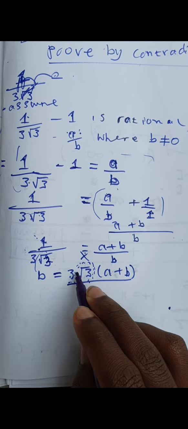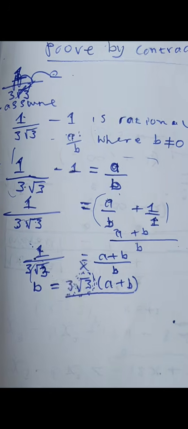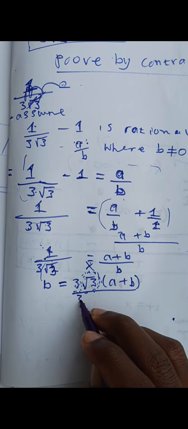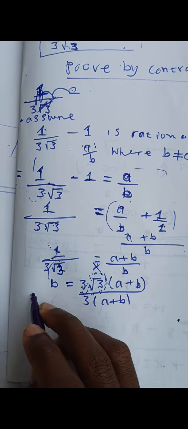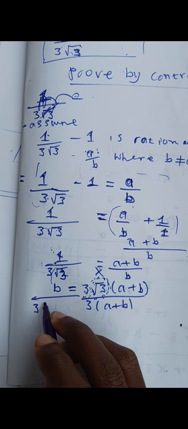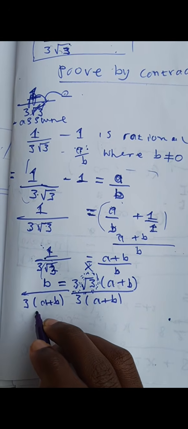On this side, I'll target to remain with only square root of 3, because it's the one I'm aiming to make the subject. So I'll say over 3A plus B, and we have 3A plus B.